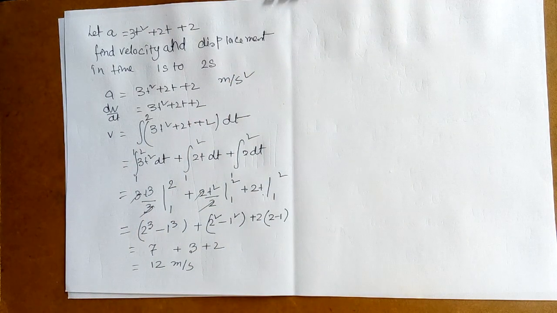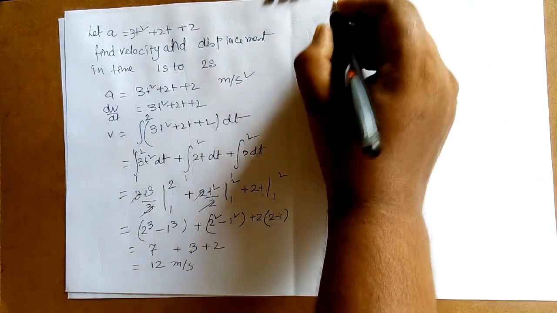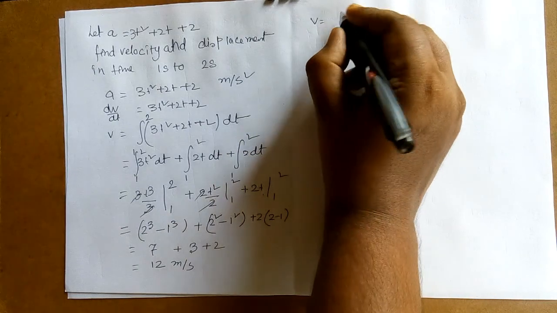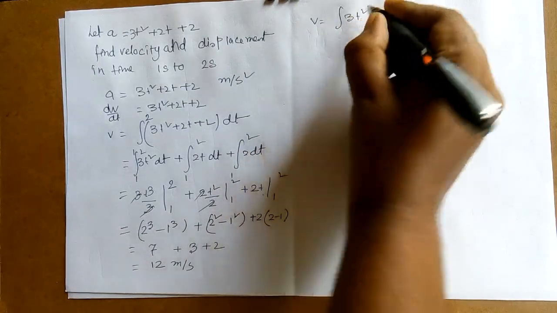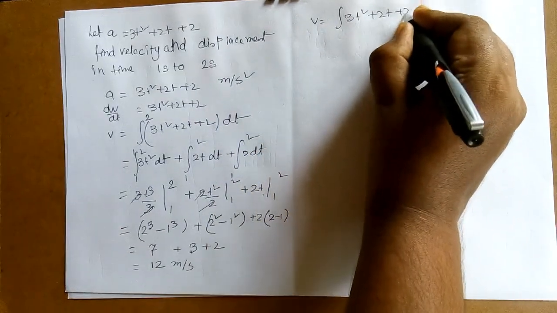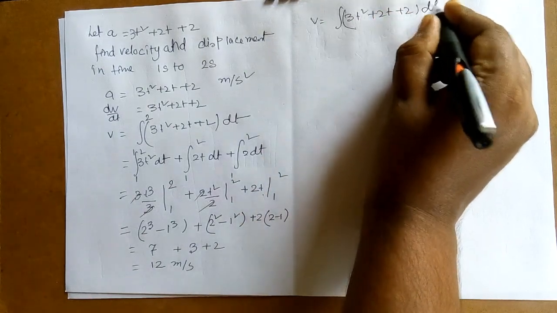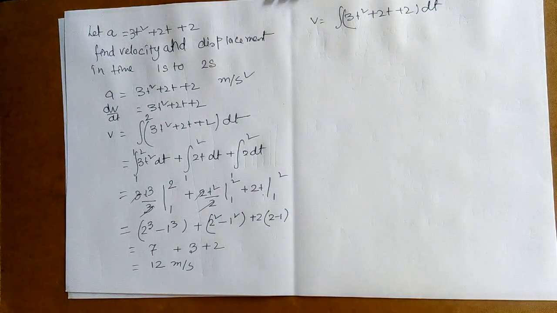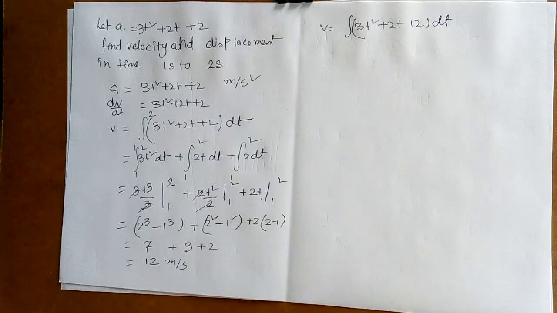Now if we are told to find the displacement, we will just find the integration again. Why? Because here the v has come: integration of 3t square plus 2t plus 2 into dt, and here it should be an indefinite integral.